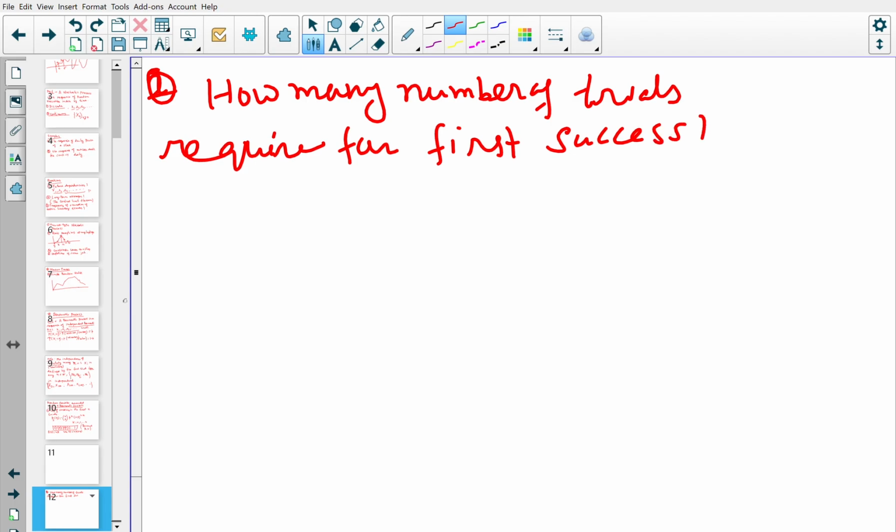Okay, so if the number of trials required is T, say T is the random variable counting the number of trials for which you get the first success, then T has a PMF. Obviously this is a discrete random variable.